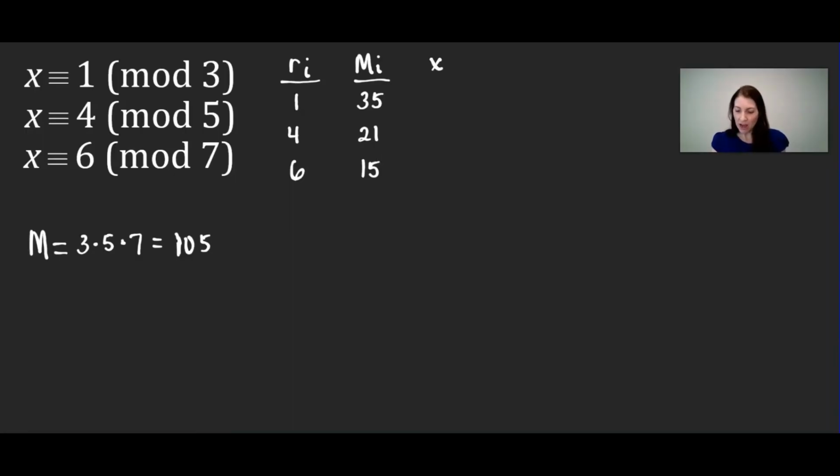All right, now for our inverse. What we're going to do here is take the inverse of M1, M2, and M3. So for our first one, to find x1, I take 35 x1, and we know a multiplicative inverse is such that when we multiply these, with modular arithmetic and a linear congruence, it's congruent to 1, and for this first one we take mod 3.